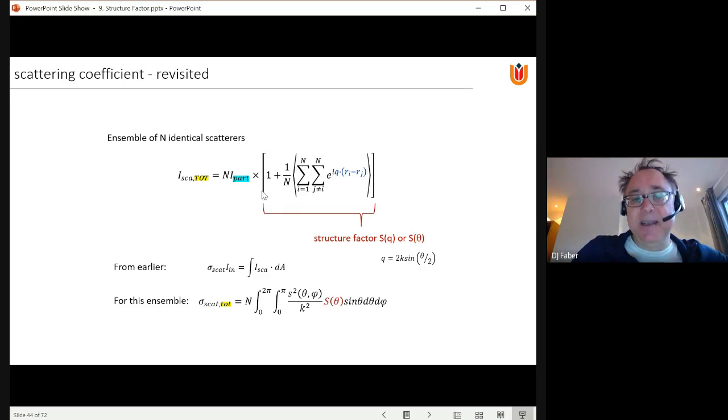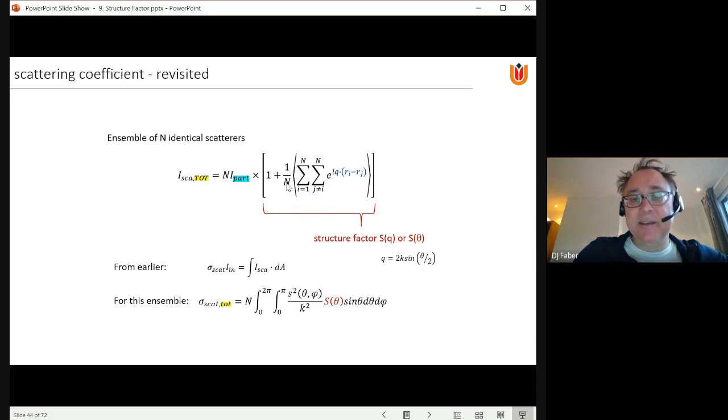And basically in the expression for the total intensity, we had this extra structure factor term. So now we have to include that into the integral. The parts in black are simply the expressions that we had for the single particle. So the S squared is the redistribution function for a single particle, but now we include this S theta in the integral to account for these interferences.